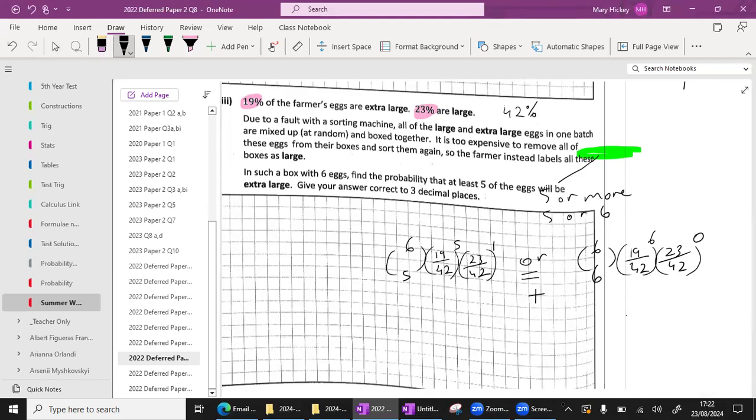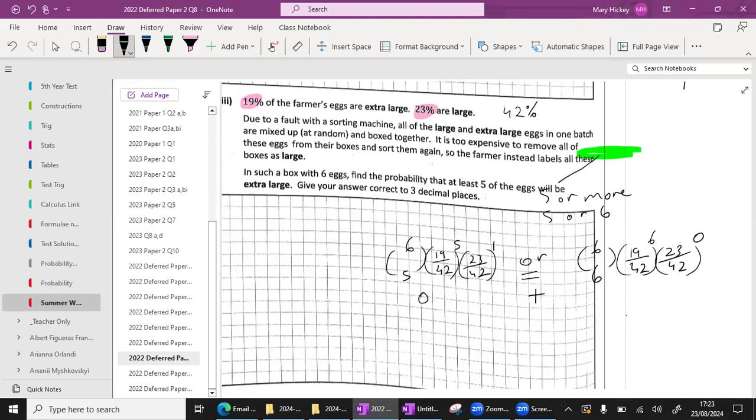So 6 choose 5, and I multiply that by, now I have 19 over 42 to the power of 5, and I have 23 over 42 to the power of 1. So that's that bit anyway.